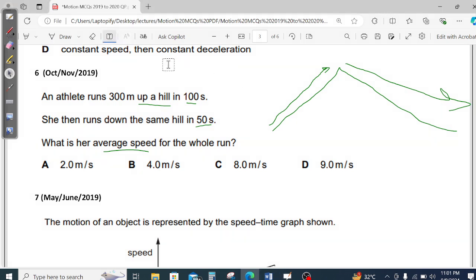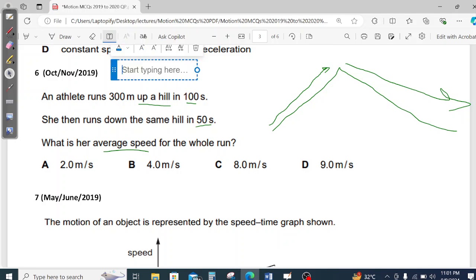Total distance divided by total time taken. So the total distance is 300 meters when the athlete is moving upward, and 300 meters when moving in the downward direction.